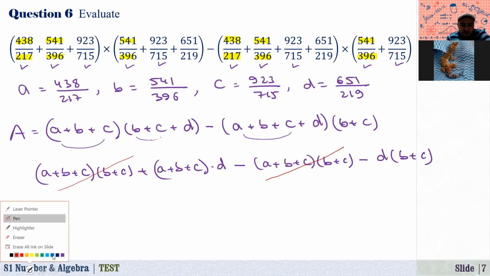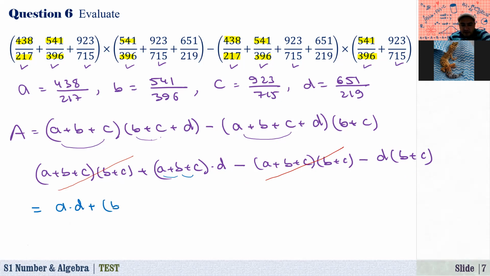If I continue in a similar manner, here we have B plus C times D. So A times D, plus B plus C times D. I'm taking this as two things, A like X, B plus C as Y. And minus, here we have D times B plus C. B plus C times D and D times B plus C are the same, so they are gone. What is left here? A times D.